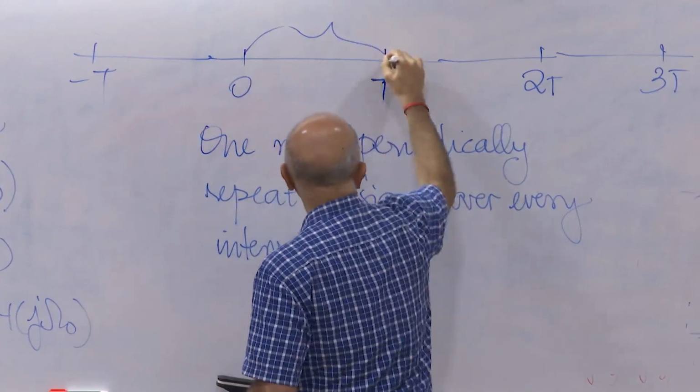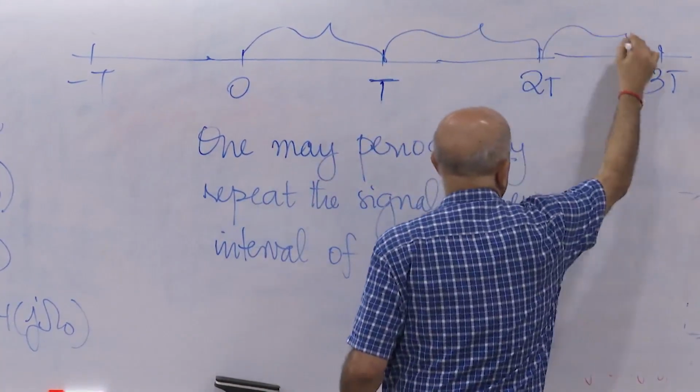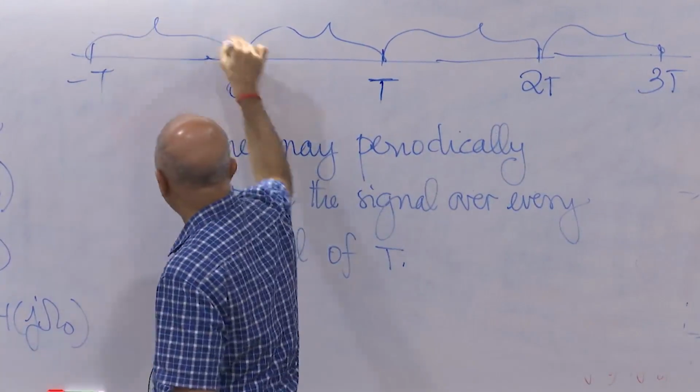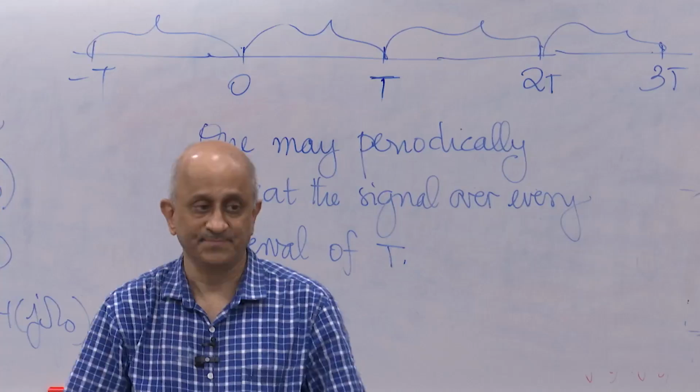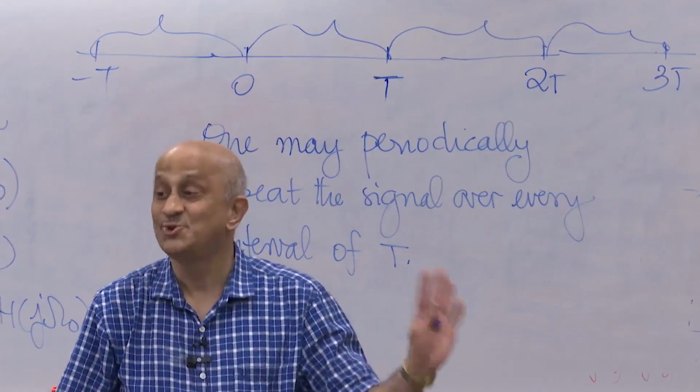So whatever you have here is brought here, is brought here, is brought here, and so on, right? And we are all the time interested only in what is between 0 and T. So we don't mind doing this.